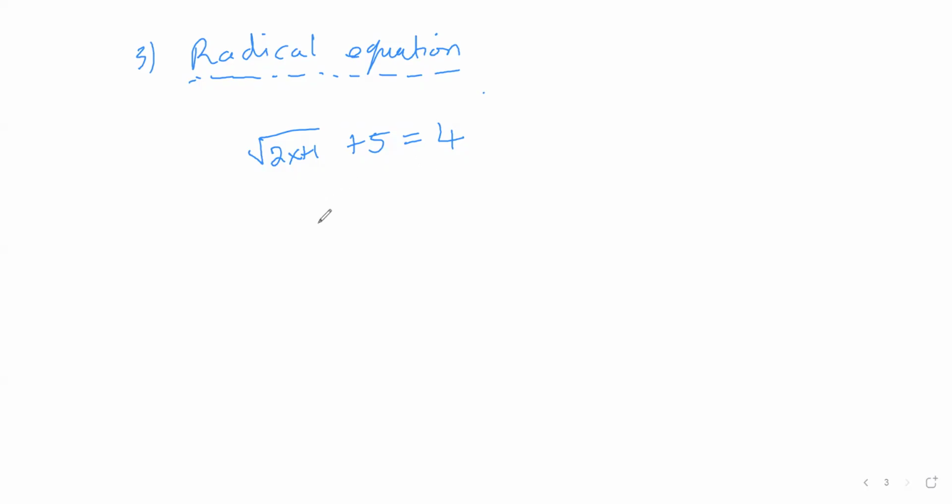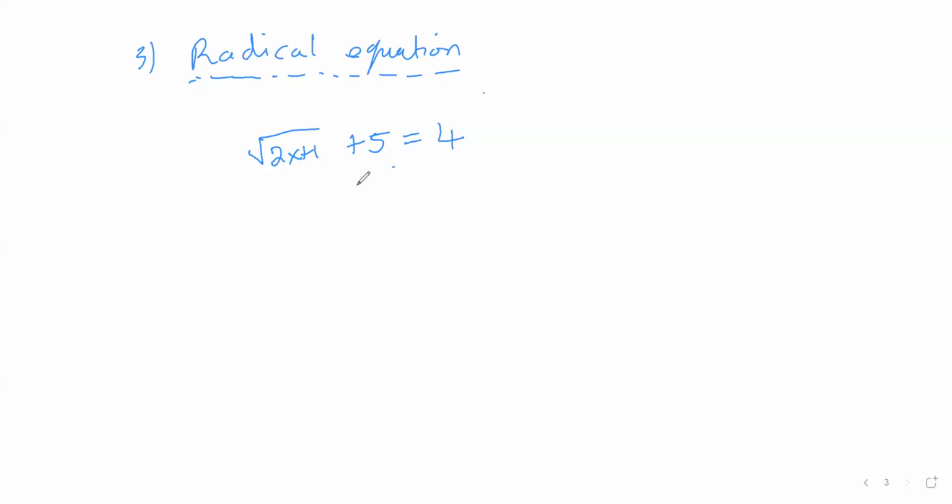So to eliminate your radical signs, you have to isolate the radical sign, then you raise both sides to the power of the index. Always isolate the radical sign first.